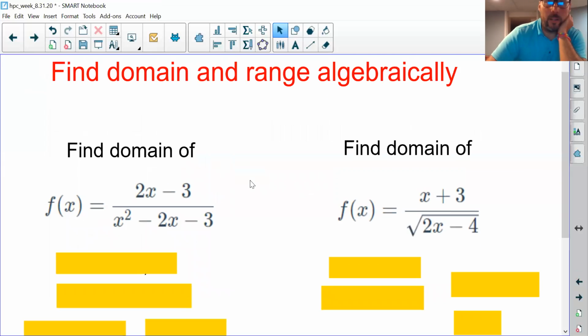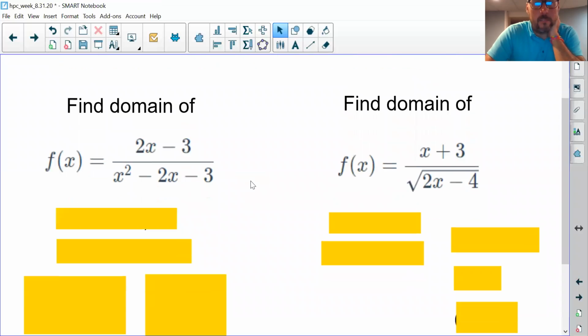What about algebraically? Pause the video and see if you can find the domain of both of these algebraically, without technology, without looking at the graph. How do we do this? Well, there are guidelines. You're dividing by variables, and you can never divide by 0. So we have to make sure x squared minus 2x minus 3 does not equal 0.